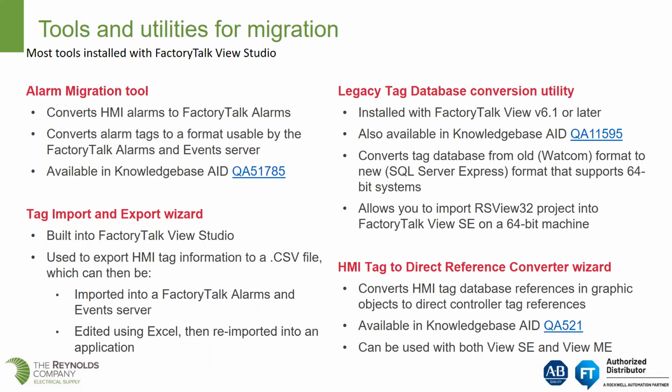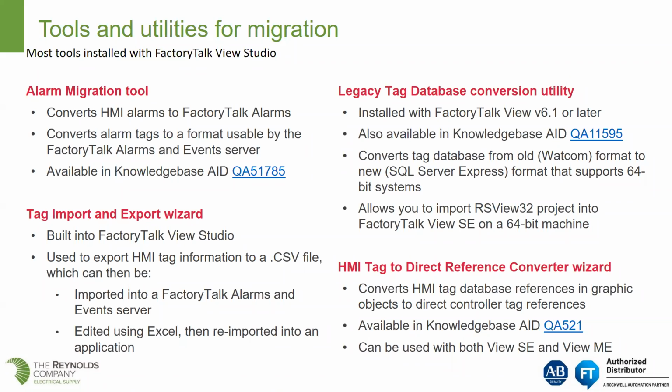But there are tools available. There's the alarm migration tool that'll take the HMI tag alarms out of RSView32 and convert those to FactoryTalk alarms and events. There's also the tag import export wizard.